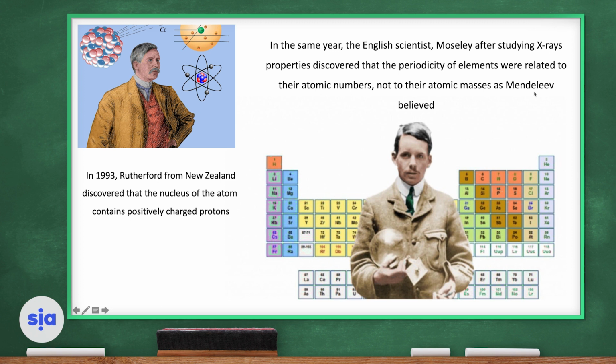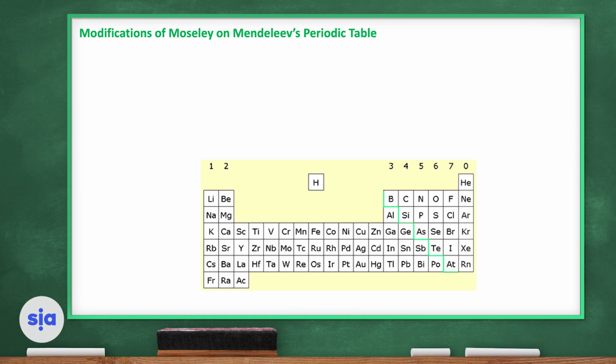So, what is the difference between Mendeleev's periodic table and Moseley's periodic table? Mendeleev's periodic table, atomic masses, and Moseley, atomic numbers. These were the modifications of Moseley's on Mendeleev's periodic table.